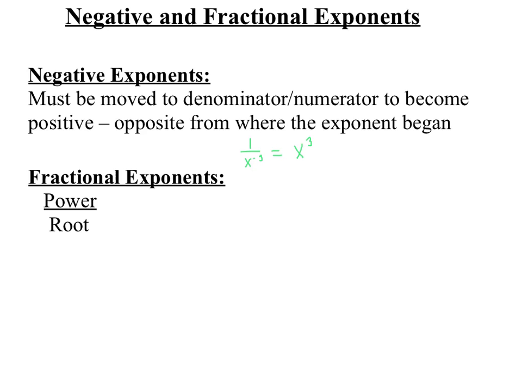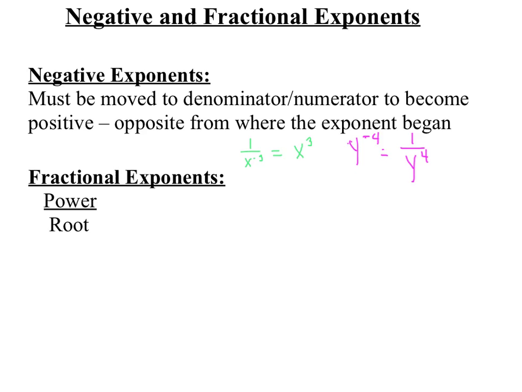Or if I had something like y to the negative fourth, to make it positive, I'd move it to the denominator, and it becomes 1 over y to the positive fourth. So all you're doing is moving to the top if it's negative on the bottom, or moving to the bottom if it's negative on the top.